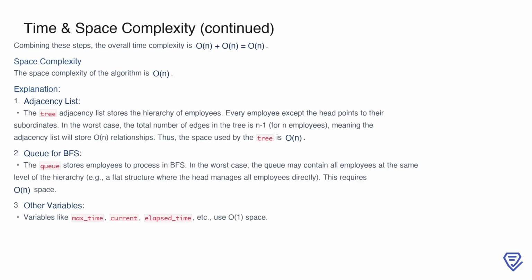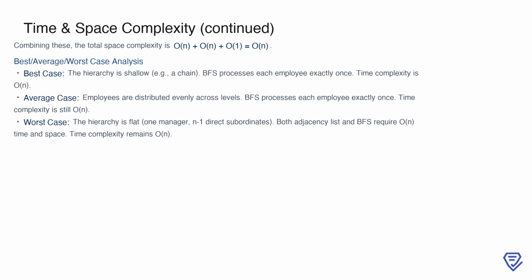When we combine these, the total space complexity becomes O(n) for the adjacency list, O(n) for the BFS queue, and O(1) for auxiliary variables, resulting in a total of O(n).